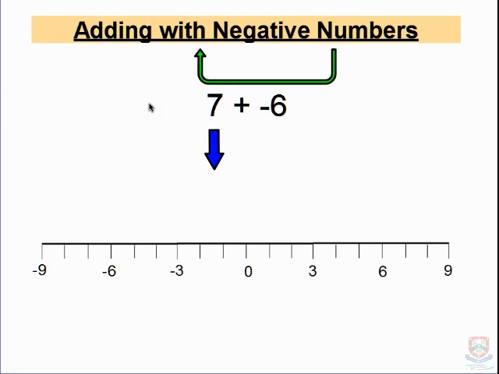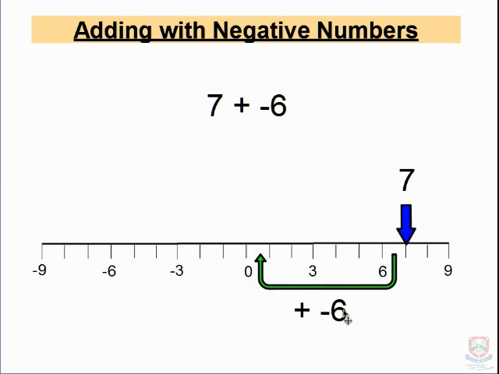Now, adding a negative number is exactly the same as subtracting a number on its own. We know that negative 6 means 6 marks to the left. So if we add a negative 6 to our 7, we start with 7 at the beginning, and we're going to go 6 to the left.